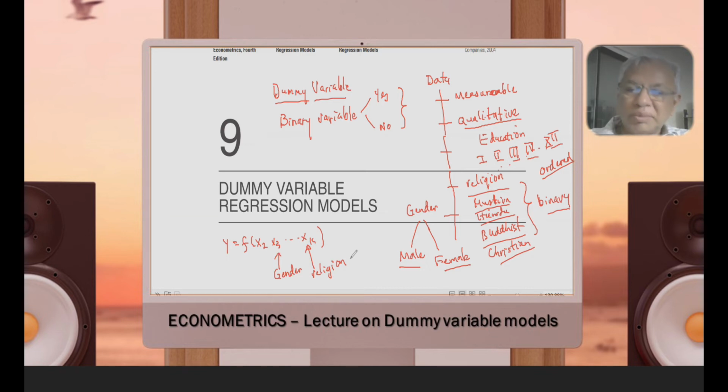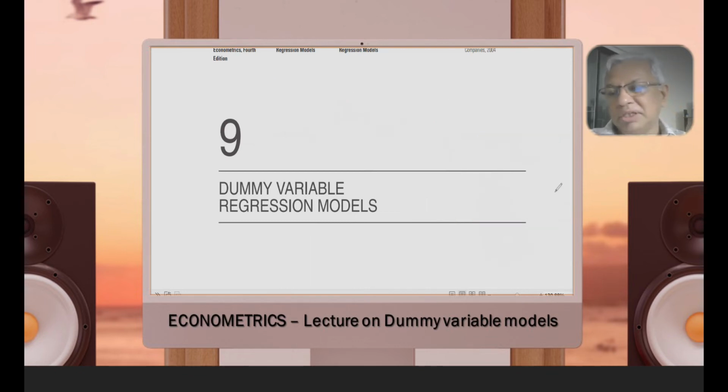If you are non-Muslim, you have a completely different set of demand for different products, which means my demand for a product is actually explained by many other factors, and some of these factors may not be quantified. And that is when we start using dummy variables. So that is what the dummy variable is supposed to do in our models. In our model, we use dummy variables whenever we come across this kind of problem. Okay?